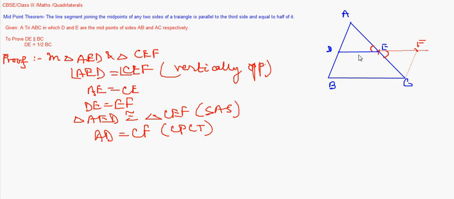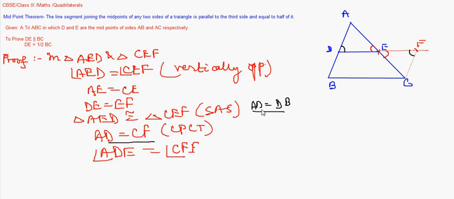Therefore angle ADE will also be equal to angle CFE. Let me mark this and this. D is also the midpoint of AB, thereby making AD equal to DB. AD was equal to DB and AD is also equal to CF, thereby making DB equal to CF.